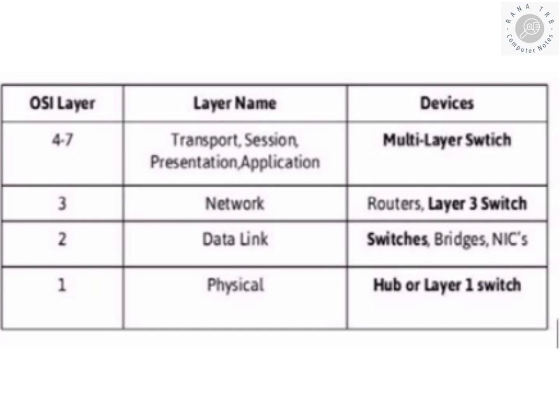In layer 3, the network layer, we use the router. It is also said to be a layer 3 switch. In layers 4 to 7, from the transport layer to the application layer, we use the multi-layer switch, that is, a device that performs at one or more layers of the OSI model is said to be a multi-layer switch.